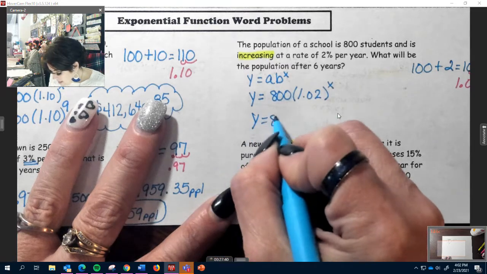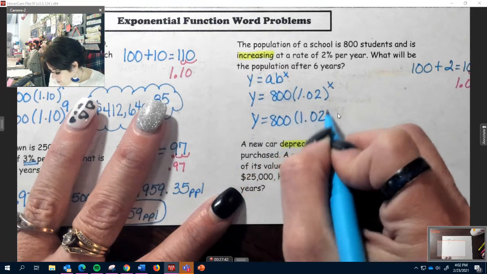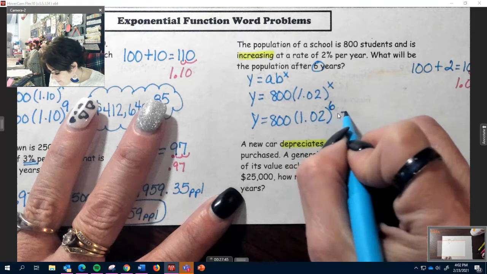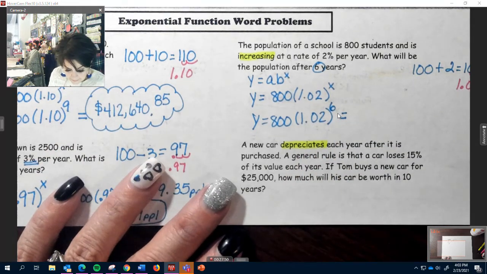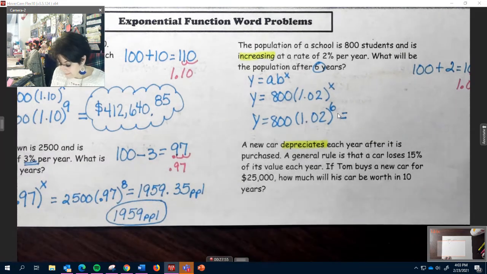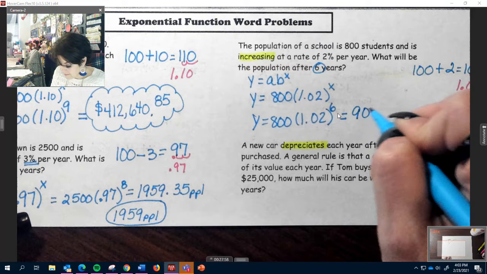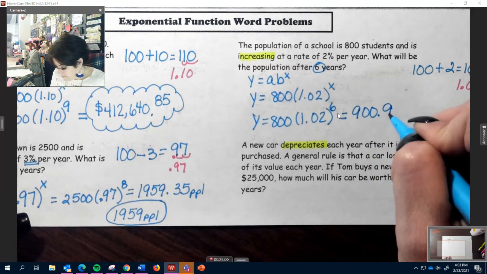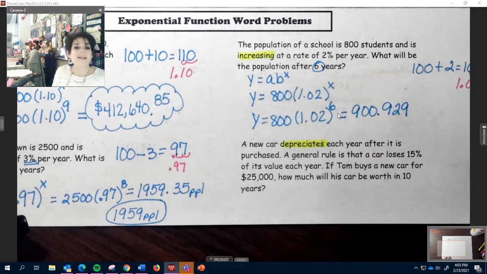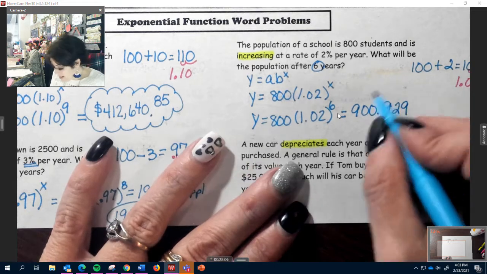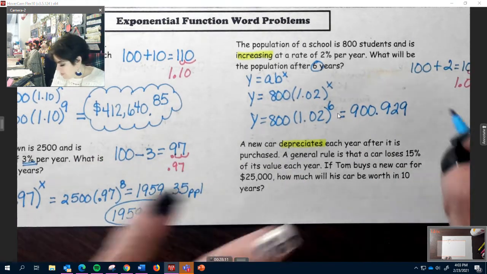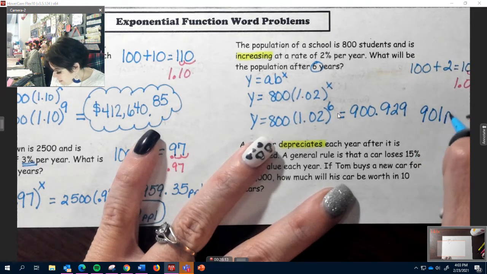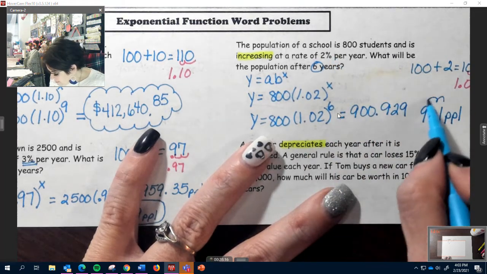So y equals 800 times 1.02 to the 6th, I want year 6. I'm going to give you a second to do that one. All right, 900.929. I can't have 0.9 of a person, but that's almost a whole person, right? So let's say 901 people or students.